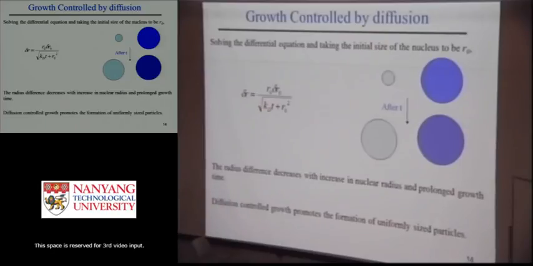Kd is the coefficient I just mentioned. T is the growth time. This one is the answer of the previous calculation. It tells you the size difference in the final product. If we simply look at this equation, R0 and delta R0 are the initial state, already defined as long as you have the nuclei.